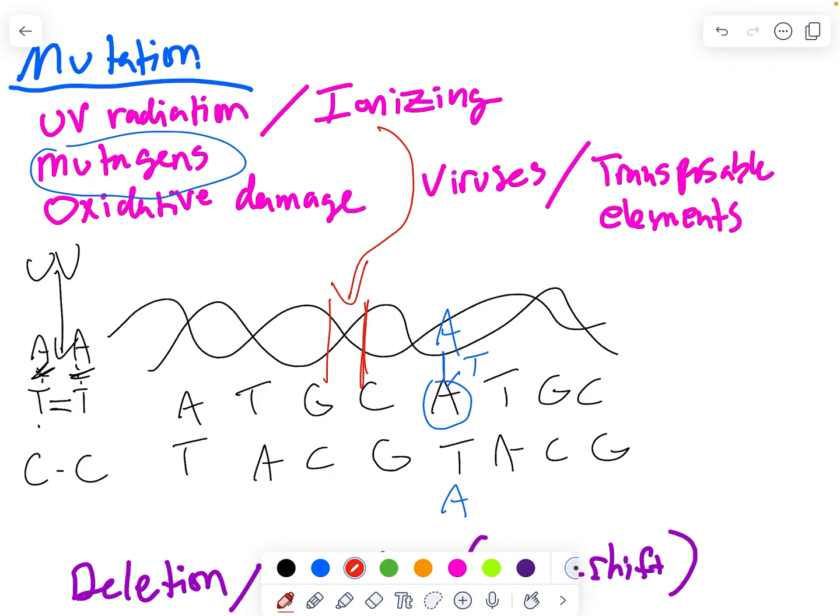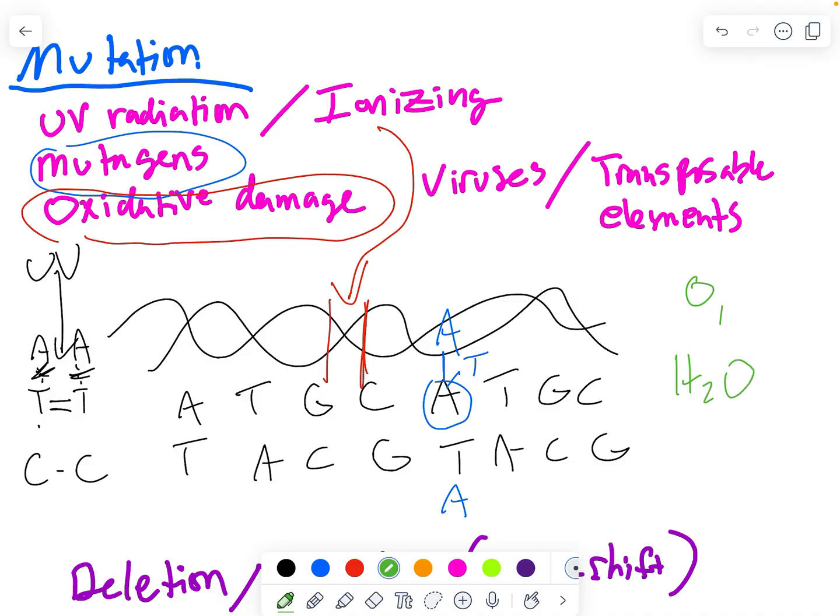And then one of the most common ways that we can mutate our DNA happens as a product of normal processes inside of our cell. So at the end of the electron transport chain, we're pumping hydrogen ions through ATP synthase, we're making ATP, and then we're catching those hydrogen ions with a single oxygen, and we're making water.